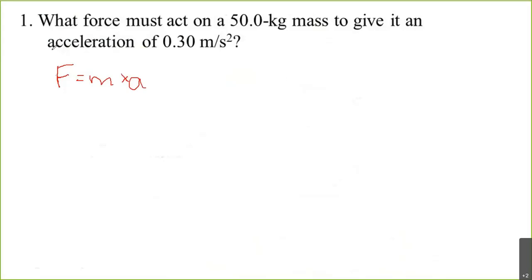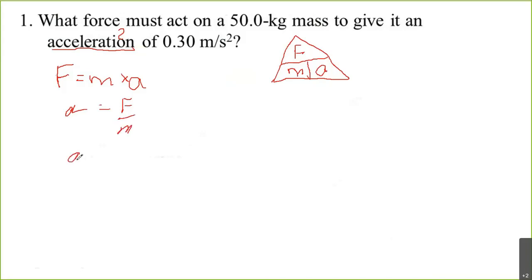We want to find acceleration, so we're going to have to transpose our formula. So if we draw up our little triangle, the force goes at the top, mass and acceleration below. Acceleration is going to be equal to force divided by mass. Plugging in our numbers, so we're substituting now.